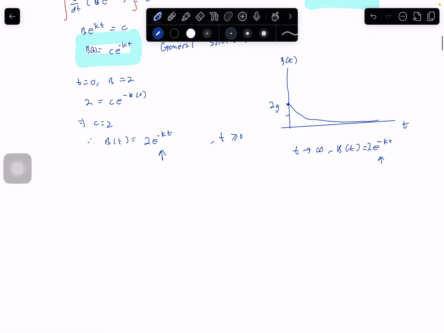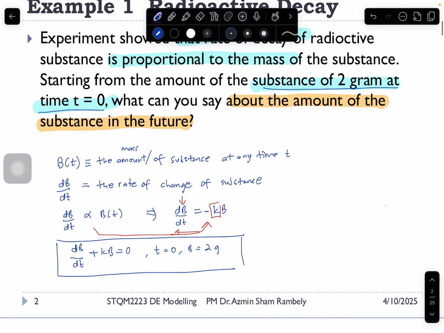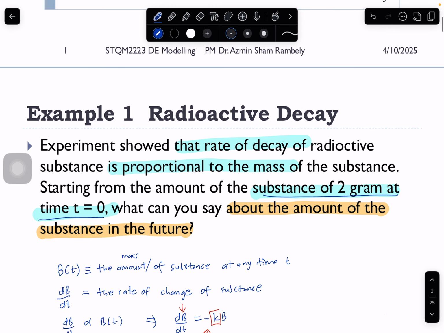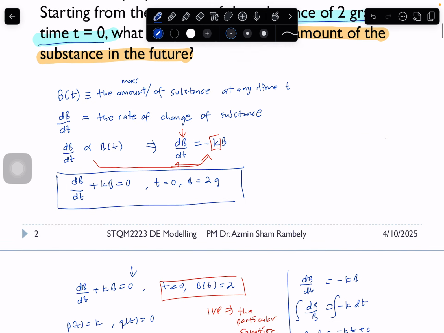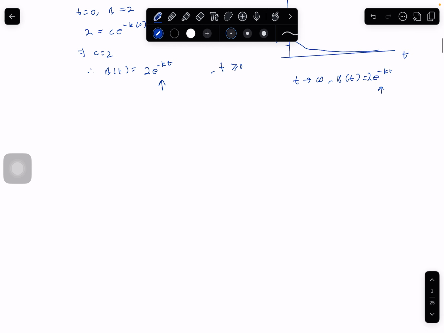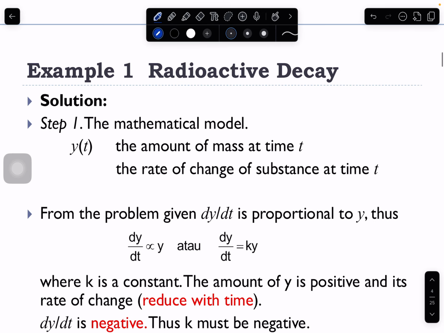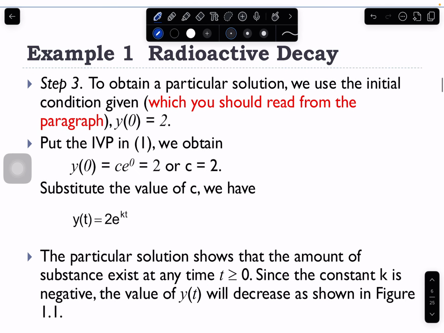Okay, so that's the first problem. I think this is a very familiar problem. I think during your matriculation in high school, you have gone through this problem.